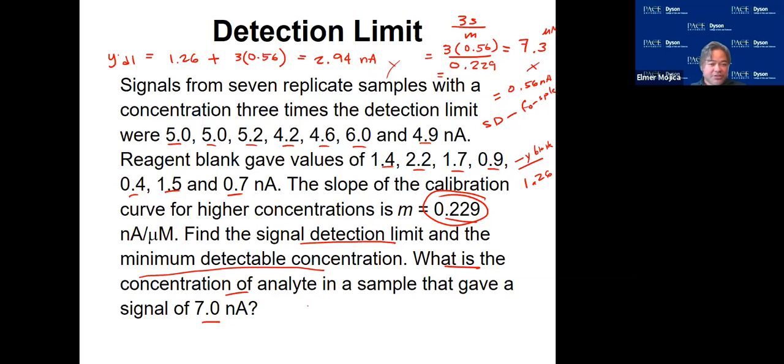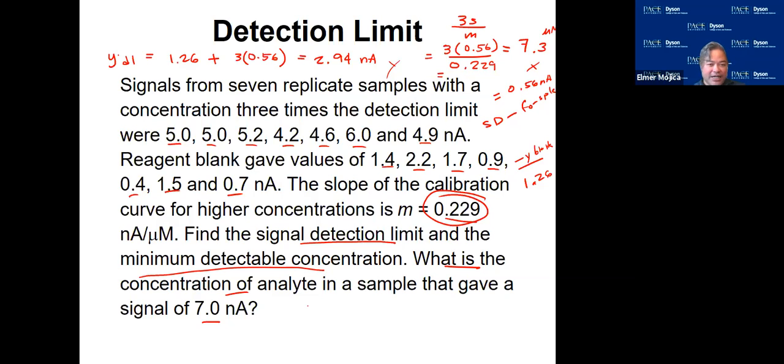The minimum concentration for you to detect a signal is 7.3 micromolar. This is a little bit higher than the one that you used, but that's fine, because the way that you did it here, you try to find at what concentration at least 50% will be with the blank and 50% will be as the detection limit.